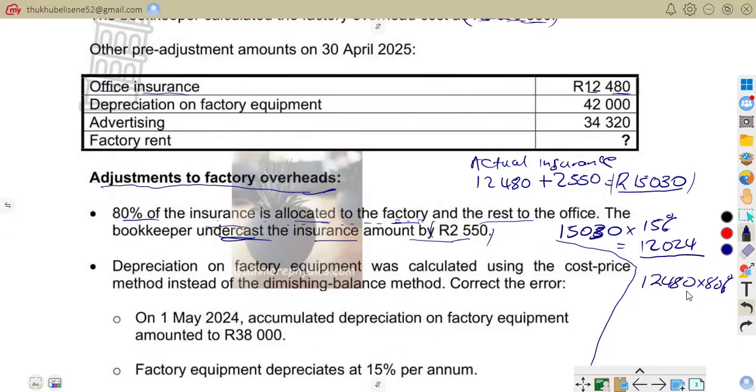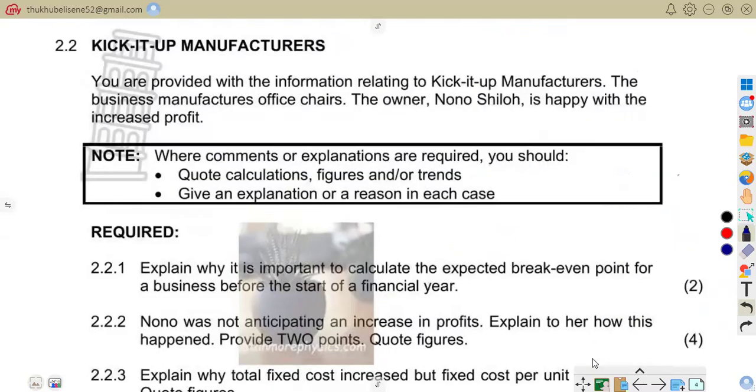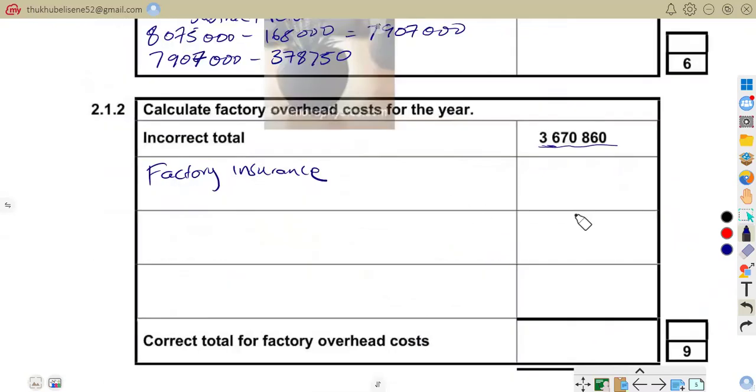So we say 12,480 times 80%, which gives us 9,984. Then we say 12,024 minus 9,984, and this gives us 2,040. And this we are to add to factory overhead. So now we go to our answer book and write that amount. Factory insurance is 2,040. That is our amount.